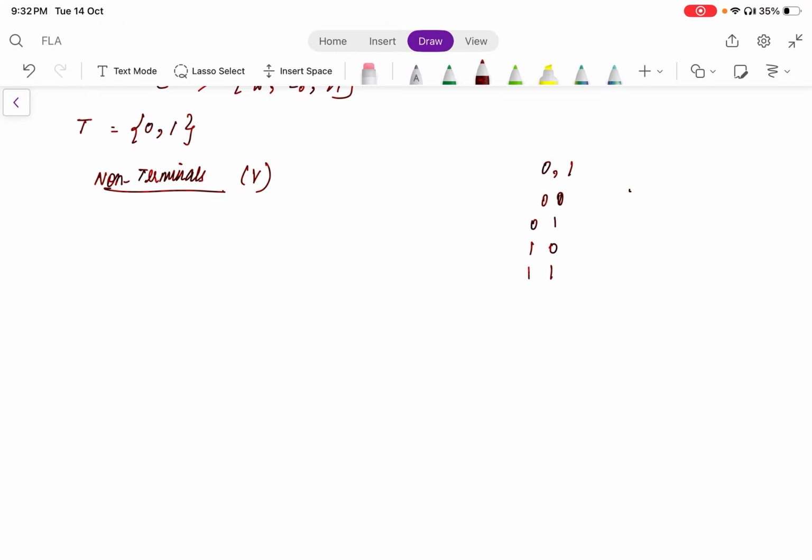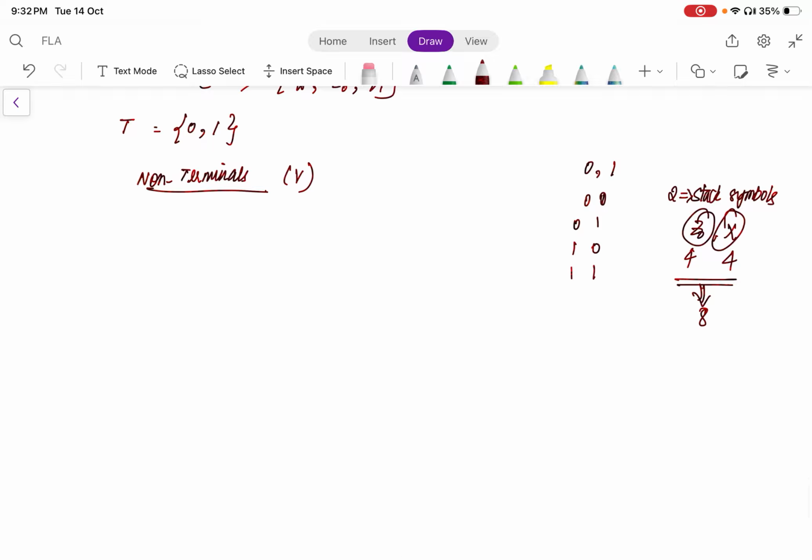And we have two stack symbols, Z0 and X. Z0 will have four combinations and X will have four combinations, so that will give you 8 non-terminals. First we will write for Z0.